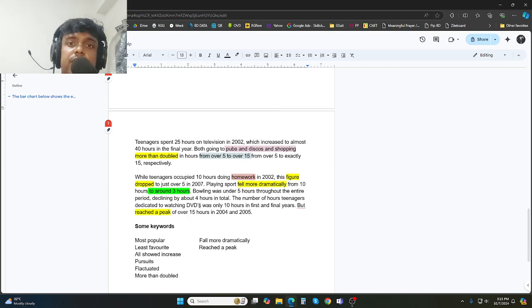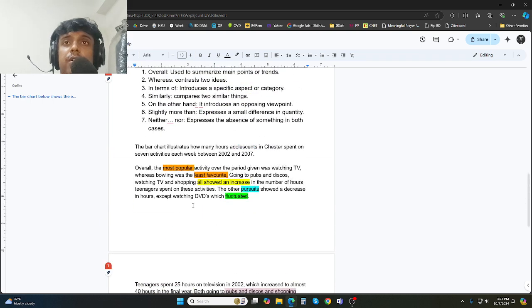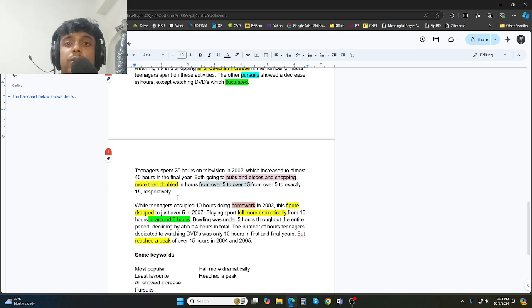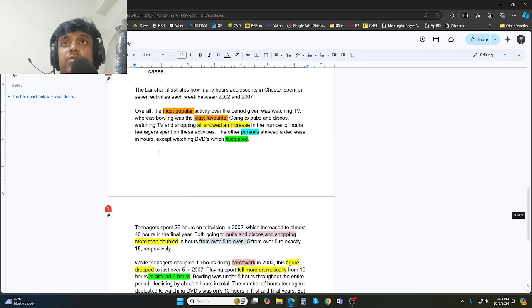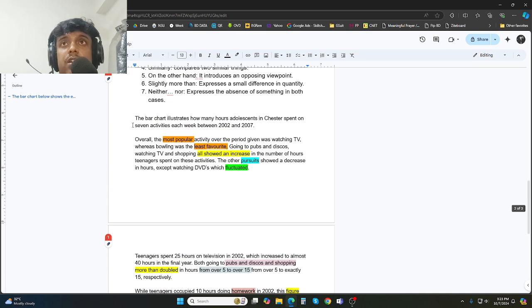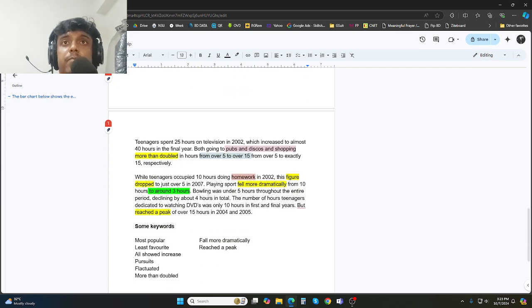So these are the keywords we need to incorporate or use frequently to have a better band score for task 1. So if we are practicing 5 to 6 paragraphs on our own, we will try to remember the theme: the introduction, paragraph 1, paragraph 2, and ending paragraph.